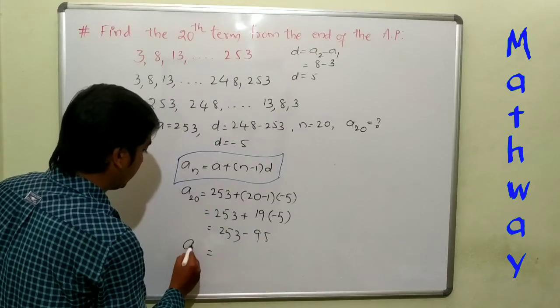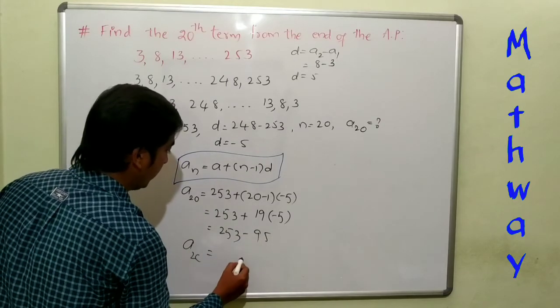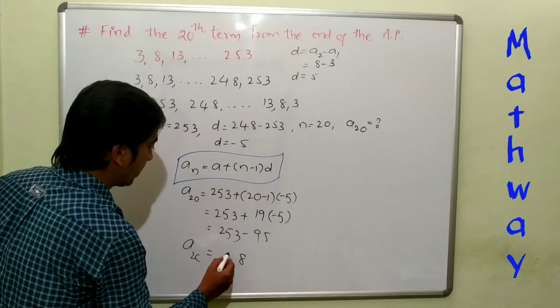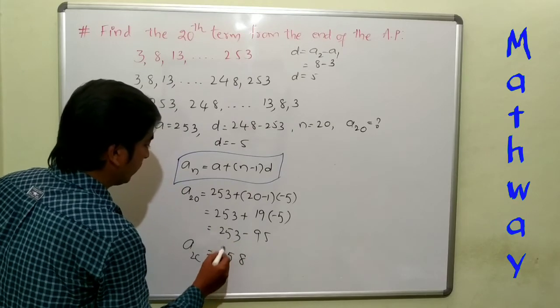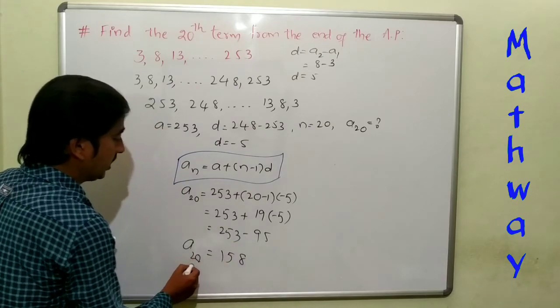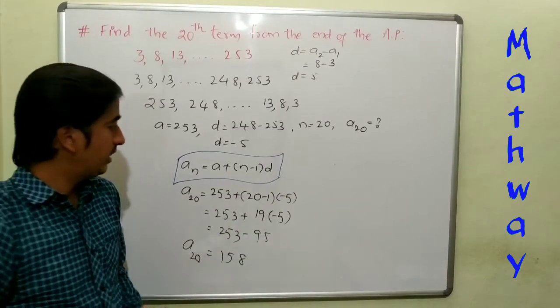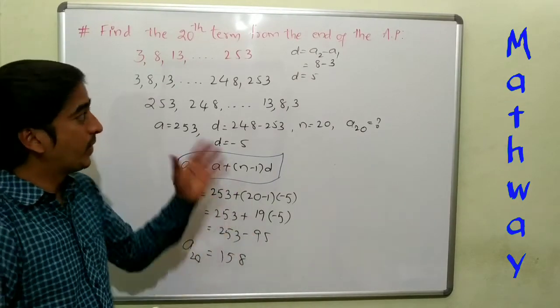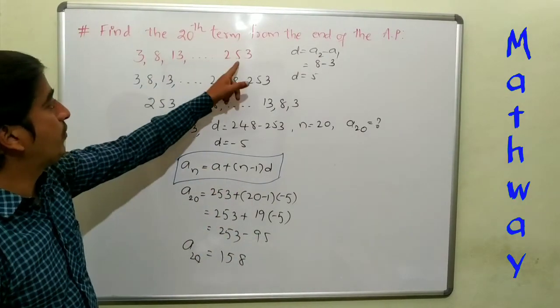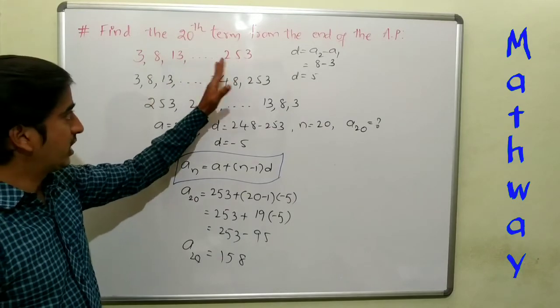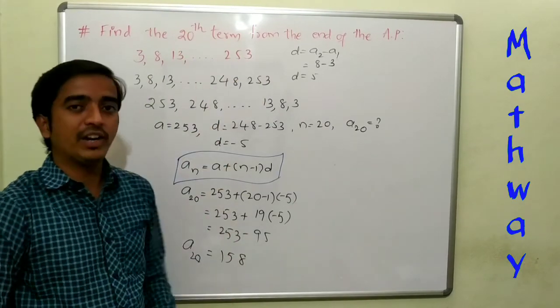By subtracting this, we get 13 minus 5 is 8, 14 minus 9 is 5, 15 minus 9... that is 158. So the 20th term in this AP is 158. It means the 20th term from the end of this AP, the 20th term from the last, is 158.